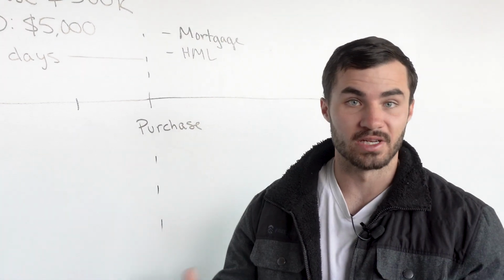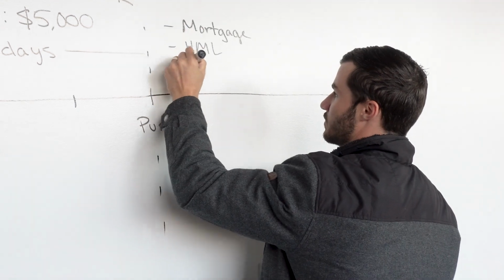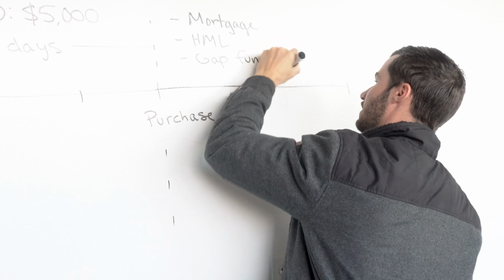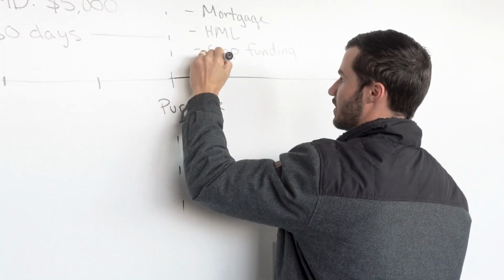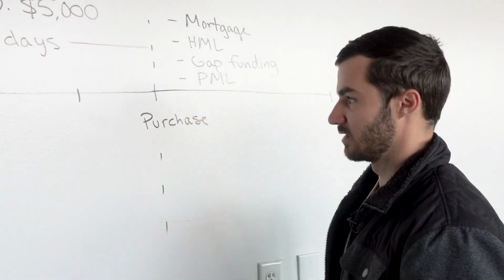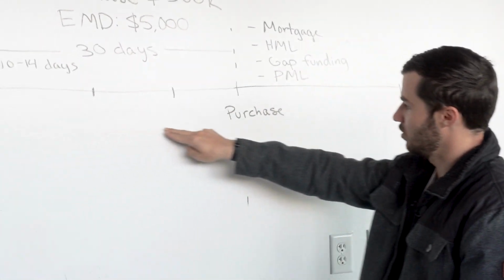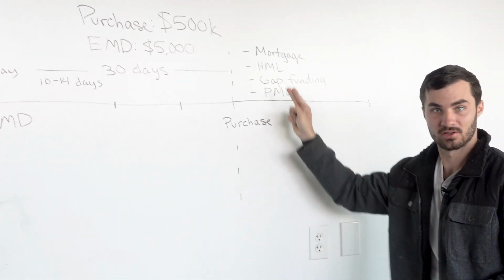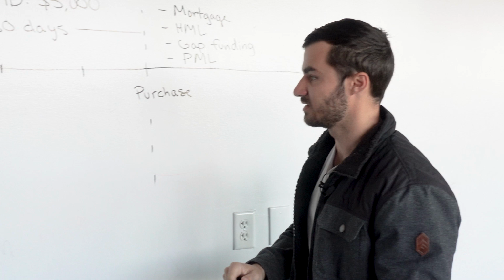If you are needing additional funds, you might get something like what's called gap funding, which is a form of private money lending. Or we'll be generic here and just put PML, which stands for private money lending. Now, you can see here's all the way up to purchase, and then all of these things right here happen after the purchase. Now, what that means is that they're outside of escrow.